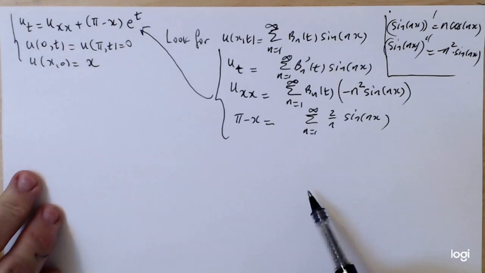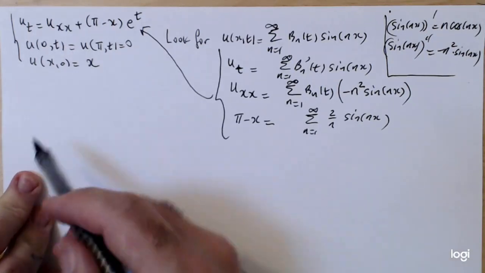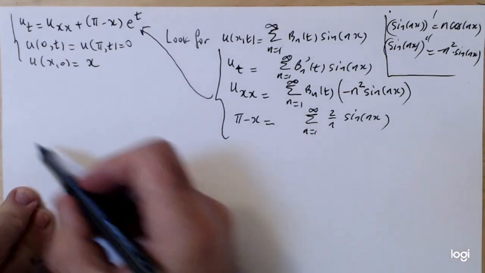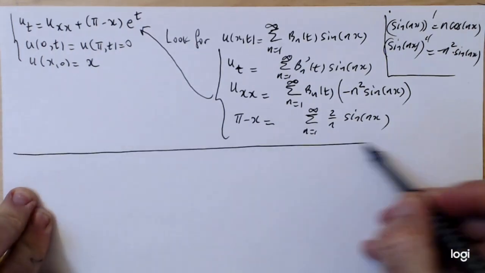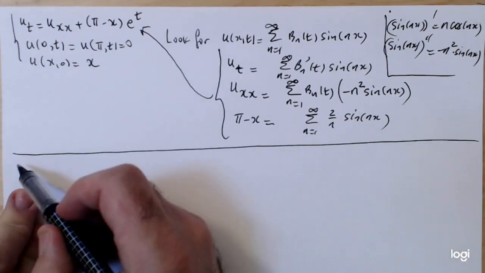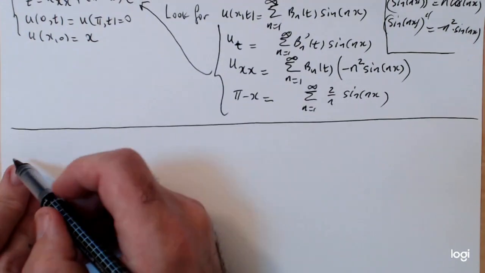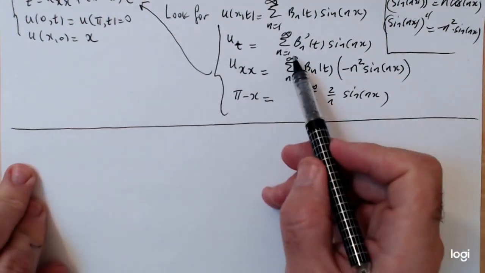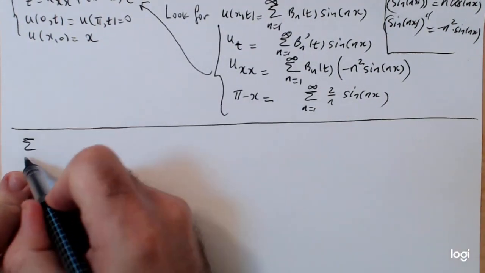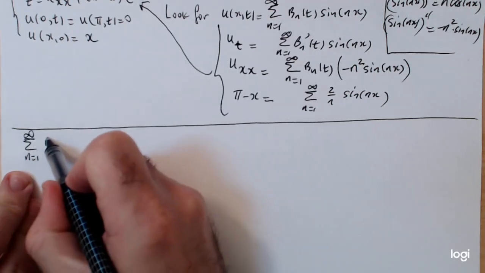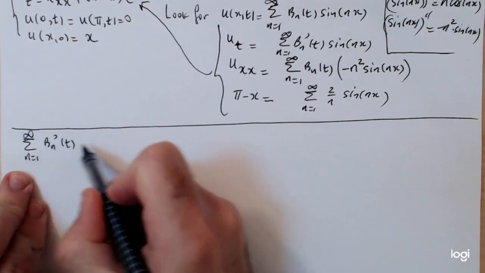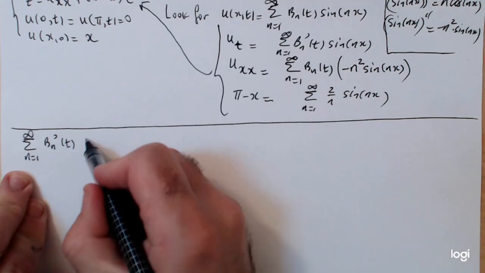So let's just do that. And let me see, let's do it here from the left side of the paper. So u partial t on the left side is going to be the summation of bn prime of t sine of nx.